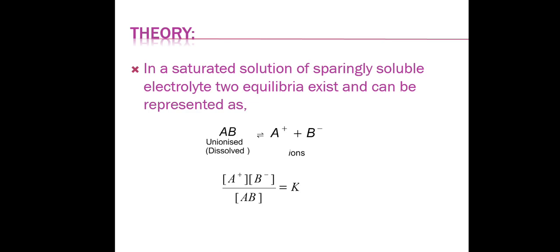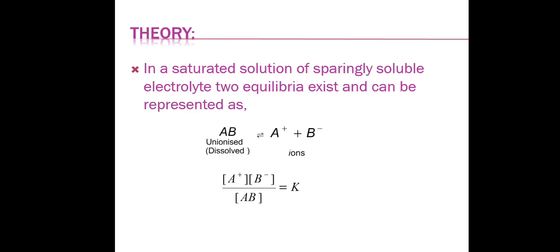So there is an equilibrium between the undissociated electrolyte and the ions which are soluble in it. That representation of equilibrium can be shown as AB unionized, which is dissolved, and gives you A plus and B minus, that is the ions.